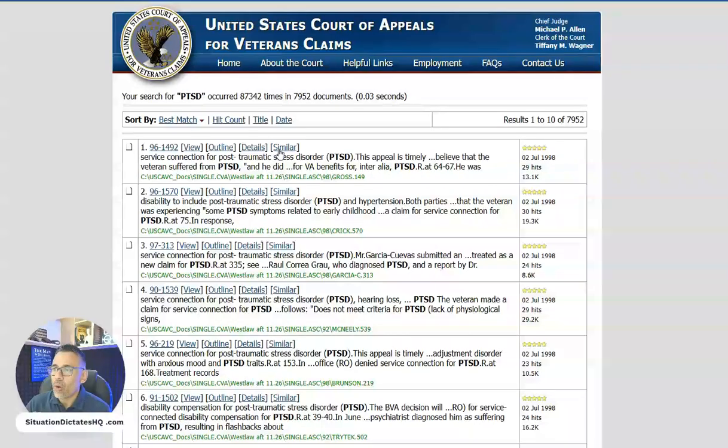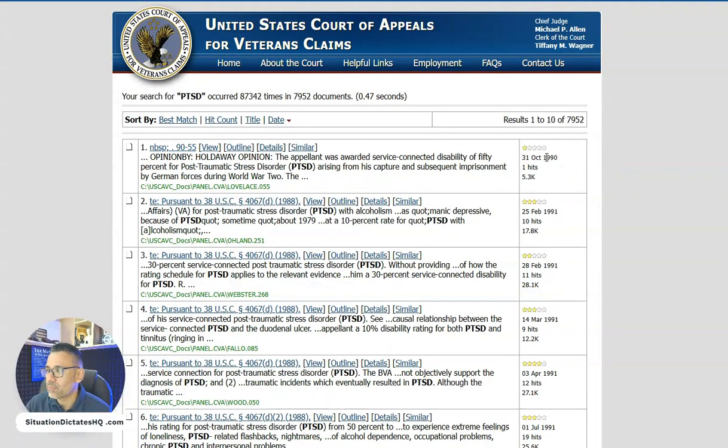What I would encourage you to do is get some more recent cases. It doesn't necessarily have to be recent, but I think it's great to see some recent ones. Select the date, and you'll notice it goes all the way back to 1990.